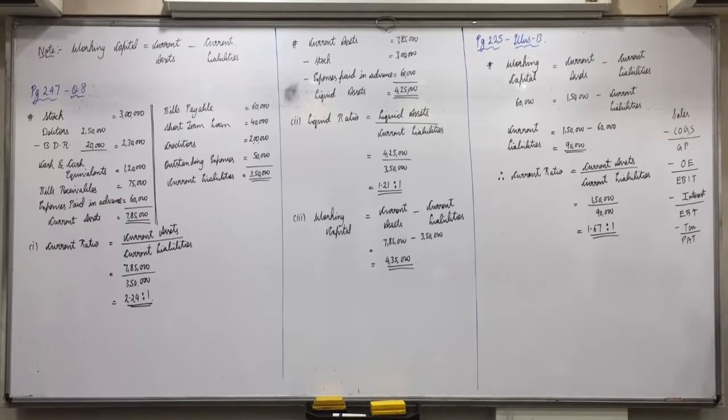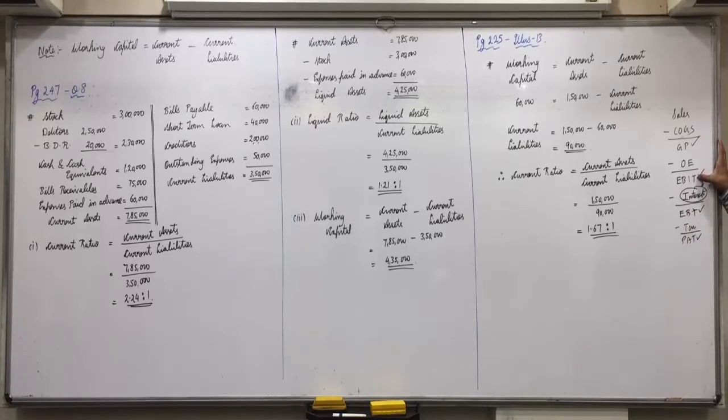So when I say profit divided by interest, there are so many profits: gross profit, earnings before interest and tax, earnings before tax, profit after tax. Which profit divided by interest? We are comparing profit is how many times interest. So we need to compare this profit, which is profit before interest and tax, because from that only we are going to pay the interest.